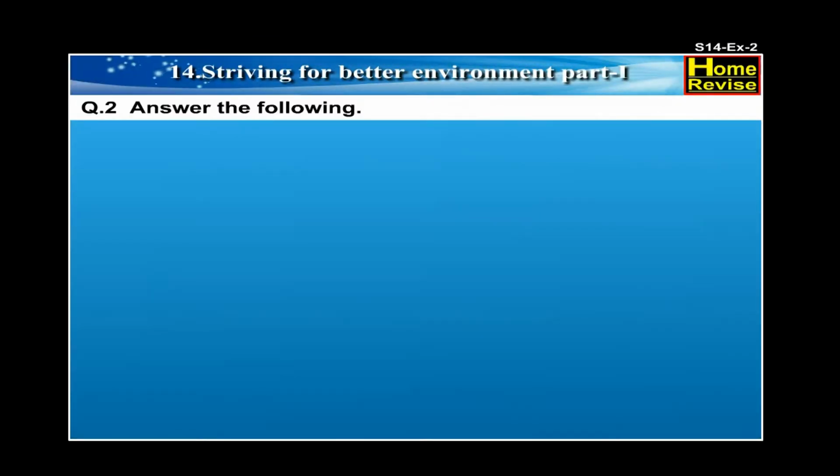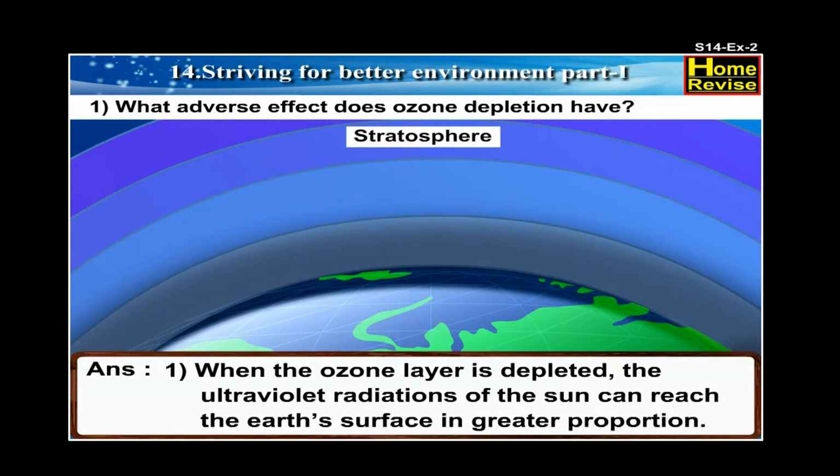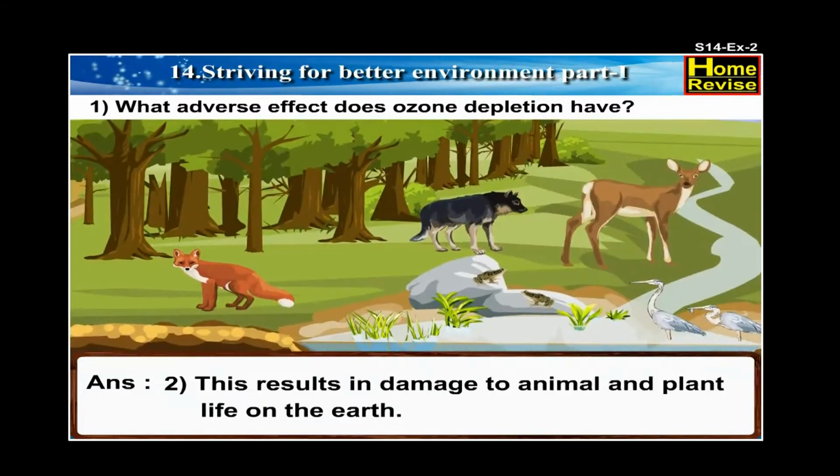Question 2. Answer the following. 1. What adverse effect does ozone depletion have? Answer. 1. When the ozone layer is depleted, the ultraviolet radiations of the sun can reach the Earth's surface in greater proportion. 2.